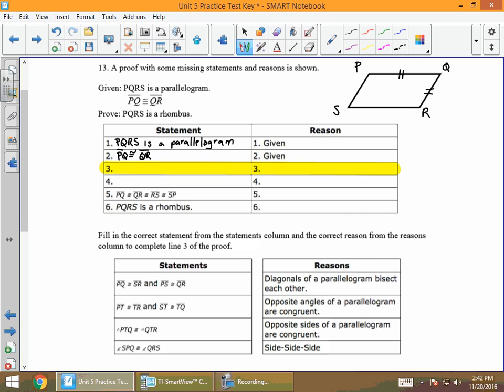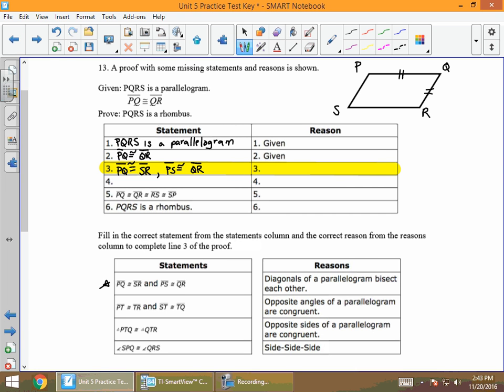I'm going to say that PQ is congruent to SR. The top is congruent to the bottom. And also, I can say that PS, the left side, is congruent to QR, the right side. And the reason for that, and you can see that down there in the statements, is my first statement.